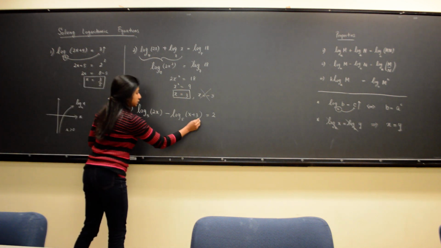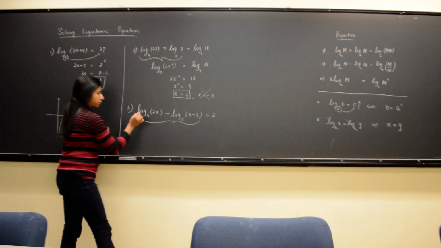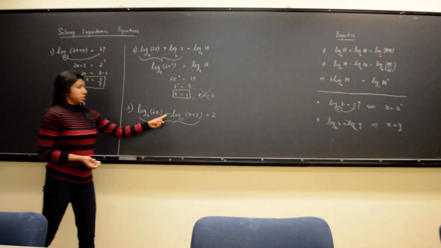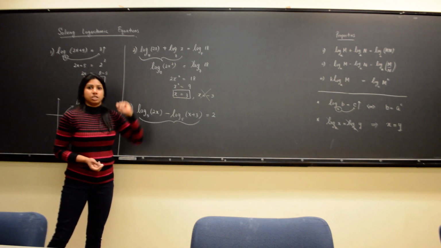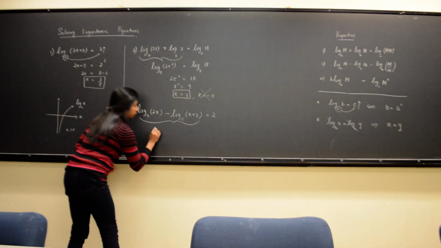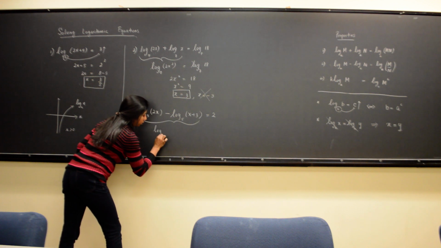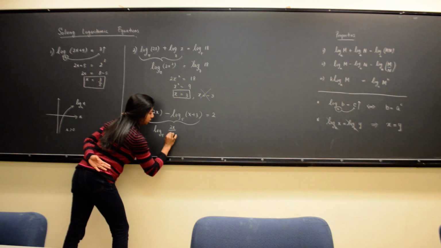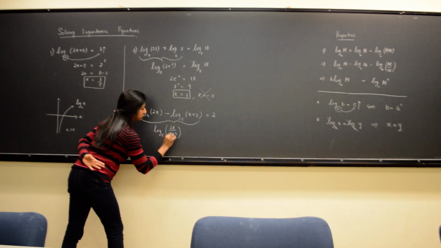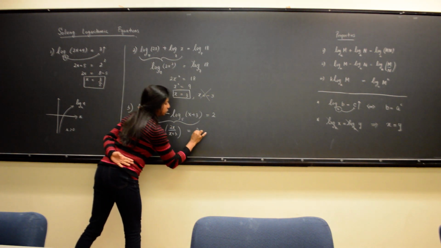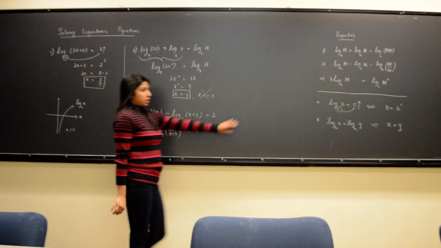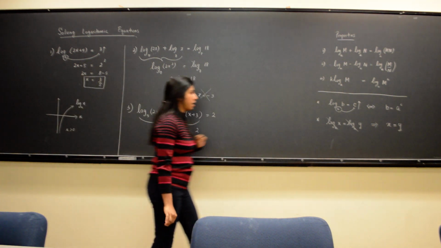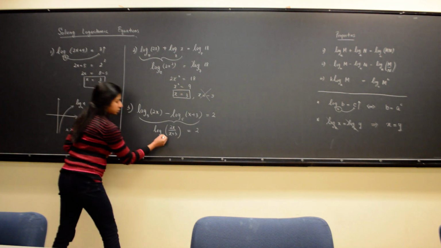Okay. First we have to make it a single logarithmic term. So you have a difference, so we can convert it into a quotient. Log to the base 5 of 2x over x plus 3 equal to 2. Right. Now we are going to use this and convert it into an exponential form.